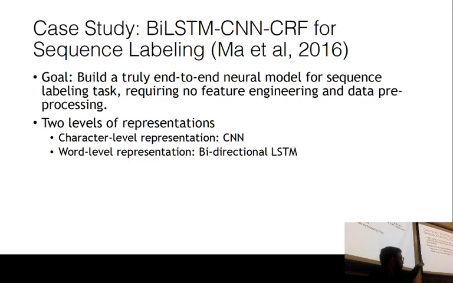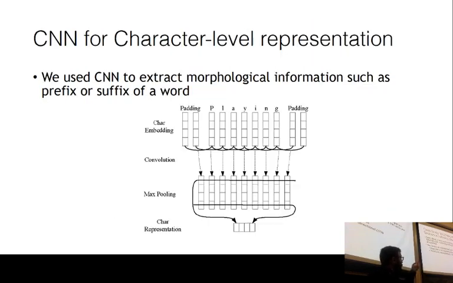One is at the character level, one is at the word level. The way these look is at the character level, you split the token into characters. You might pad it, and then you can do a bunch of convolutions among them and max pooling, and that gives you a representation that is informed at the character level. This is what people are still doing actually.